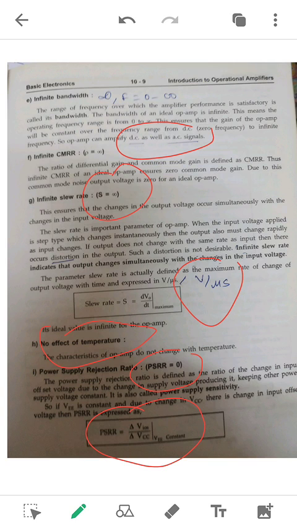The ratio of the change in VIOS to the change in VCC is called PSRR, by maintaining constant VEE. VEE is connected to the negative terminal of the operational amplifier. Please refer to the symbol: at pin number 4 you can observe minus VEE. By keeping VEE constant, the change in offset voltage with respect to the change in the positive power supply is called PSRR.